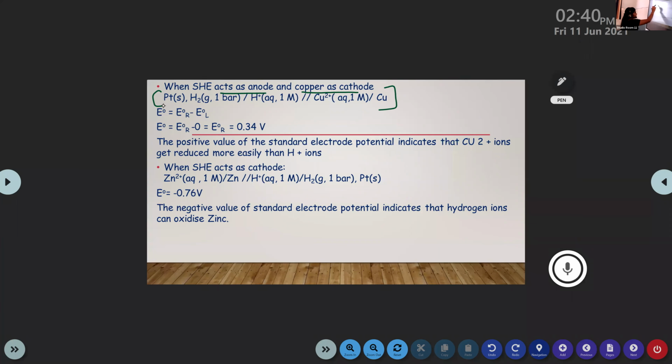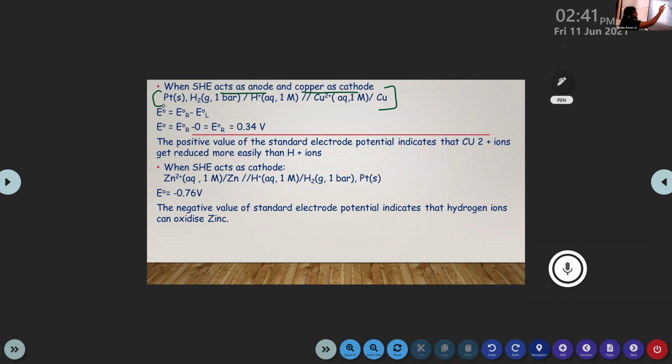First we write the anode, that is platinum. I told you platinum coated there, that's why we have just mentioned platinum. It's in solid state. Then H2 bar H plus. And there is a double vertical line to separate anode from cathode. Then you write the cathode, Cu2 plus bar Cu.